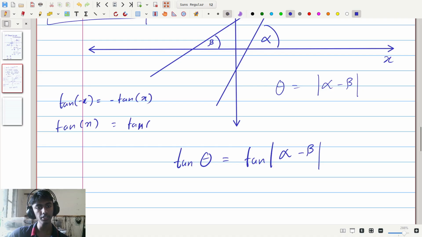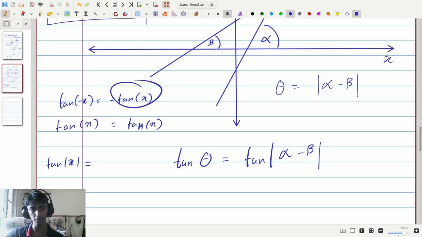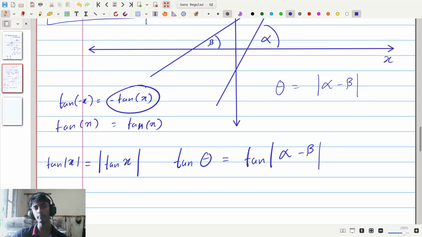So if we consider here the tangent of the absolute value of x, when x is positive it is the value itself, and when x is negative it is negative that value. Therefore the tangent of the absolute value of x is also equal to the absolute value of the tangent of x. This is coming from the fact that the sign being on the inside and the sign being on the outside are the same thing.